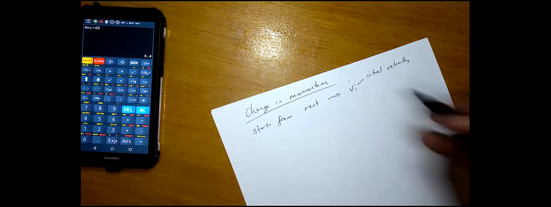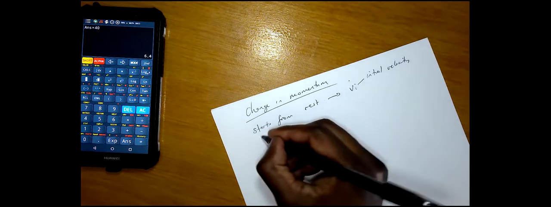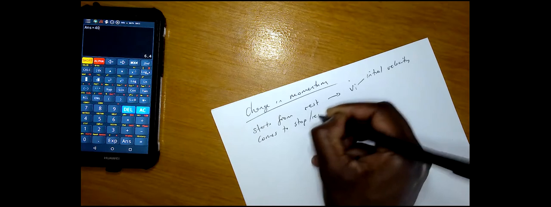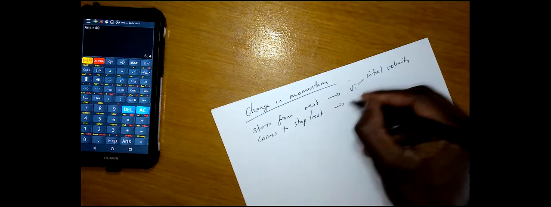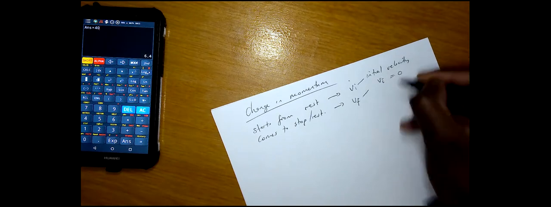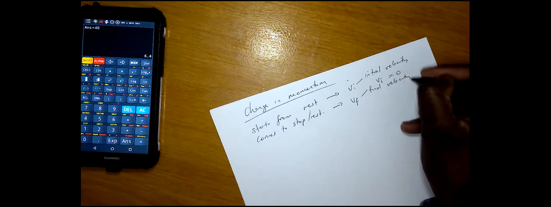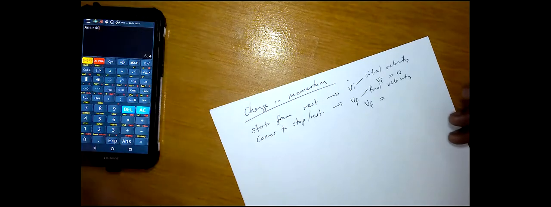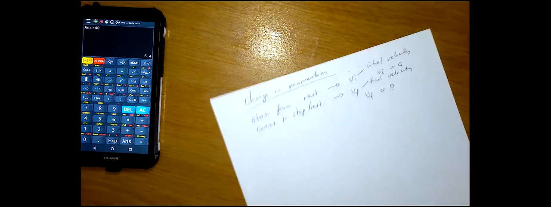If the car comes to stop or to rest after the collision, that's the final velocity, so V final is 0. That's what you must understand there.